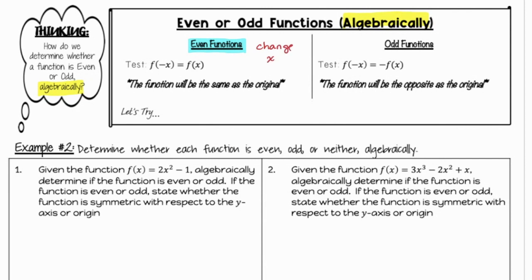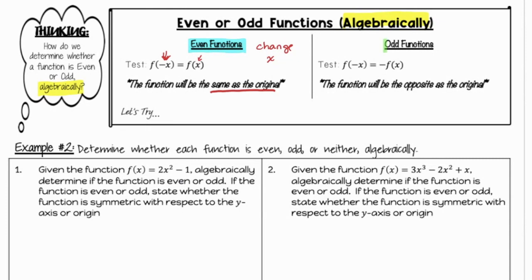So instead of our function being in terms of f of x, we're going to now change that input to a negative x. We're changing the x. If I end up at the same original function, very similar to the algebraic test when we were doing symmetry, if we end up with the original, that means that function is going to be an even function.